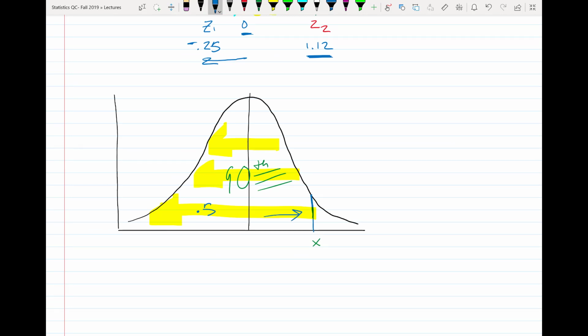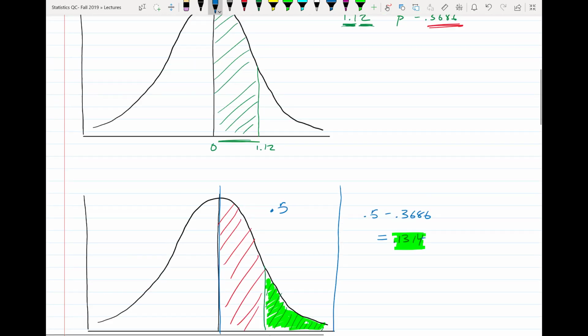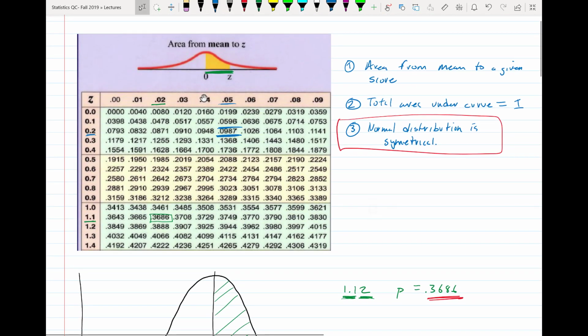In this case, it's going to be 0.4, because 0.4 plus 0.5 would give us the 90th percentile. All right, so we're going to look for that 0.4. This time we have to look in the body of the table, because the margins of the table are just giving us the z-values. We need to get the z-values from a given proportion.